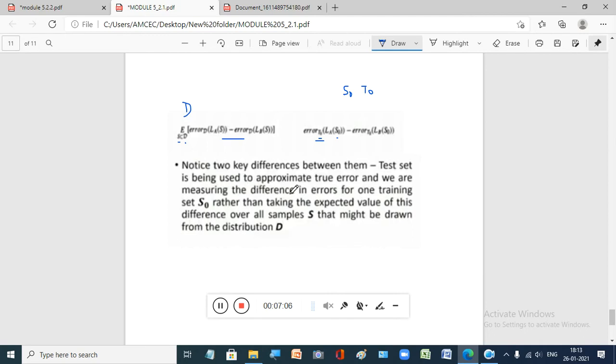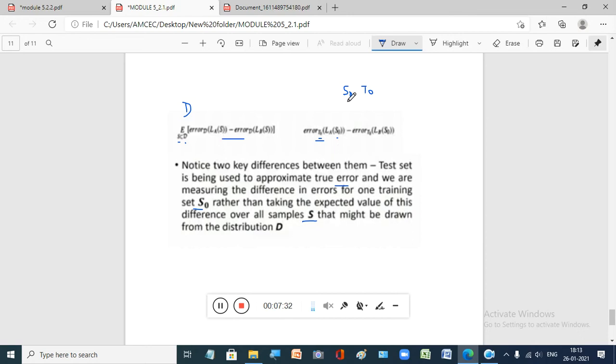Now we are taking one training set S0 rather than finding the difference for the entire sample S. Here we consider only one particular set S0. This is how we see the differences between both methods.